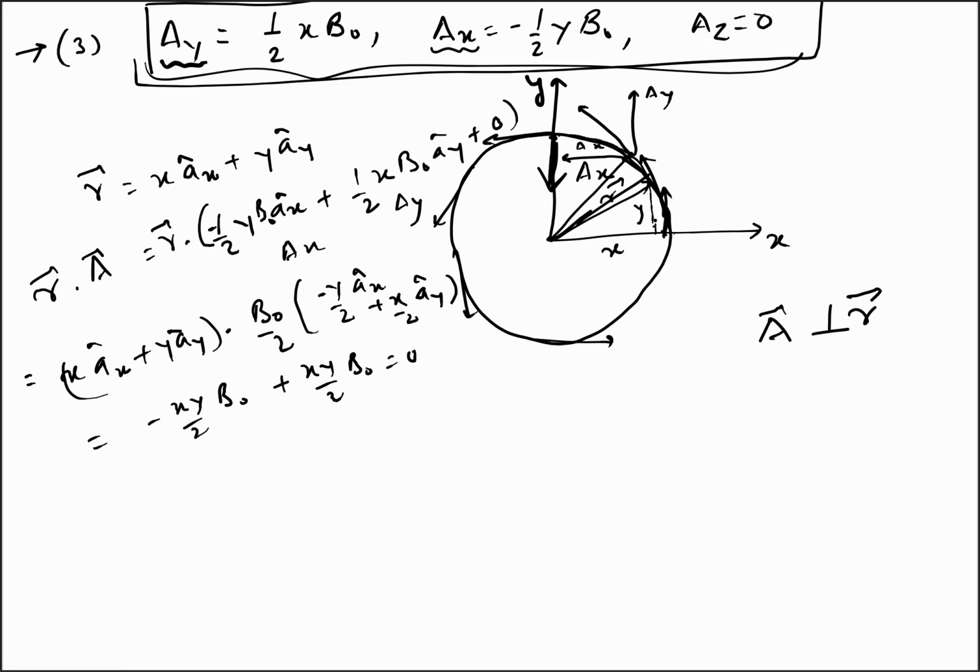So if I need to write it in a vector form, I can write that A can be written as, because it is perpendicular to R as well as perpendicular to B naught and its magnitude is half of this. So I can write it as A is equal to half of, I have written it in other form, B naught cross R. Otherwise, I will get a negative value.